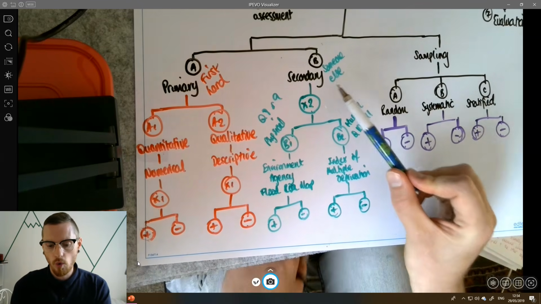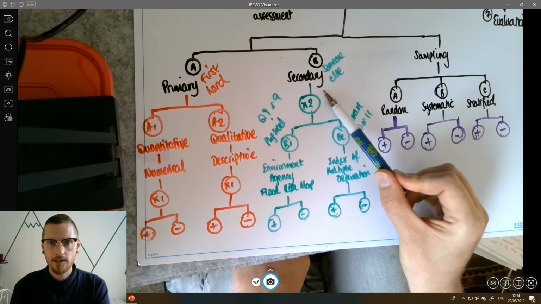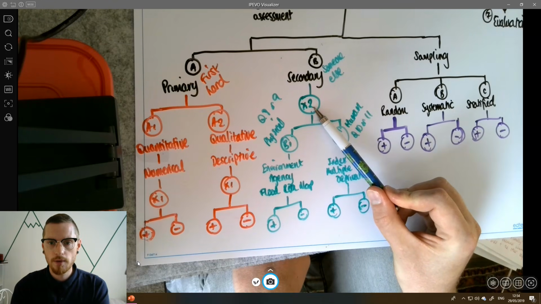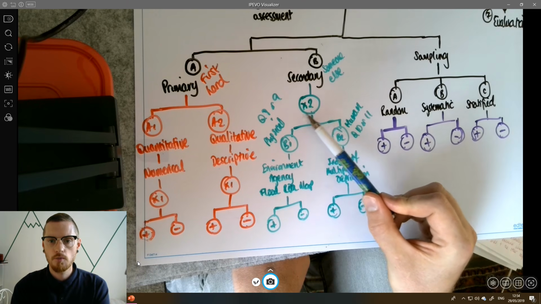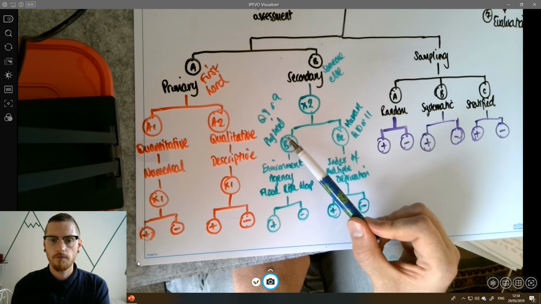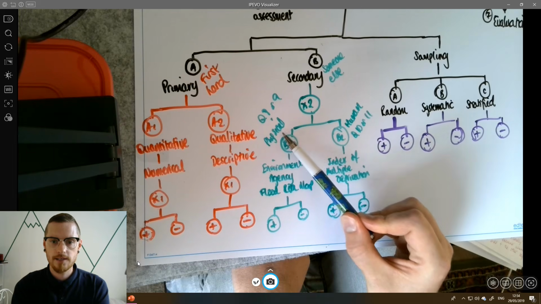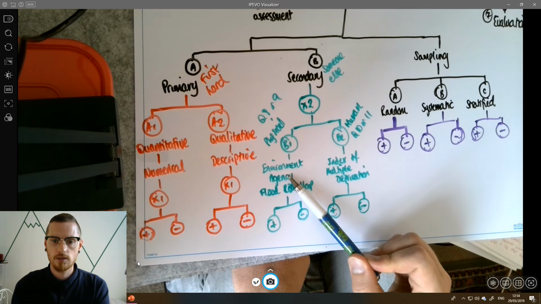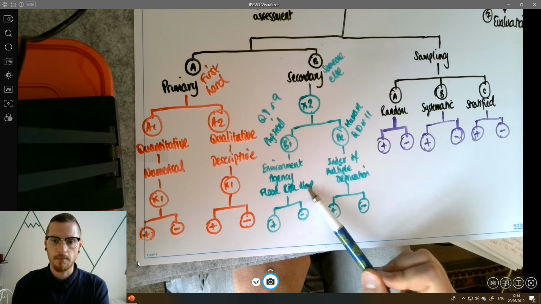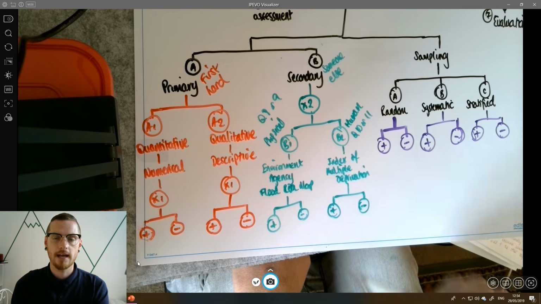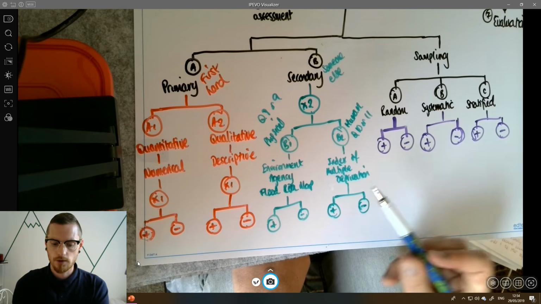Over here, you also need to know secondary, and you need to know two pieces of secondary, okay? And the two pieces are for question 8 or 9, your physical. For this, you need to know about the environmental agency flood risk map, and you know the positives and negatives of it, okay?